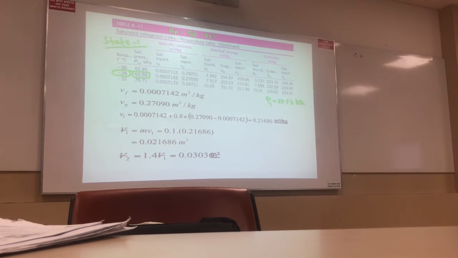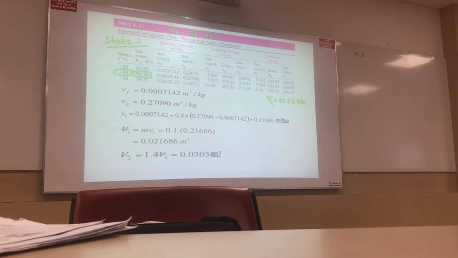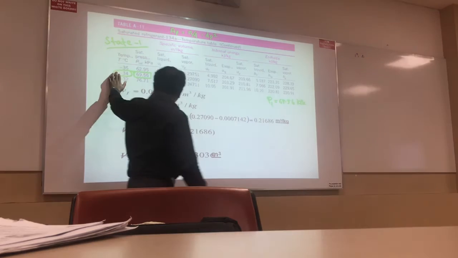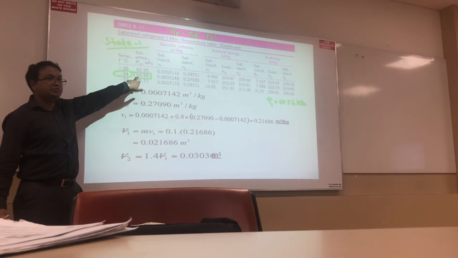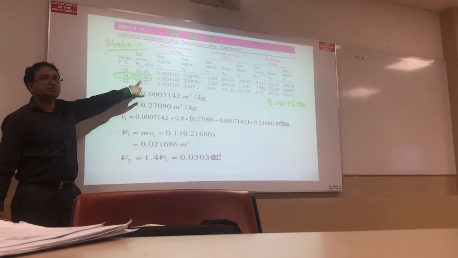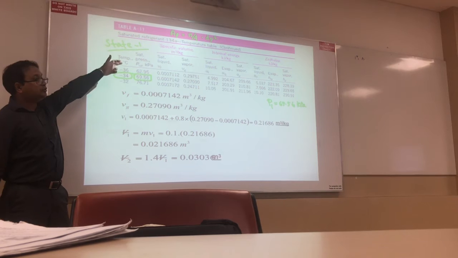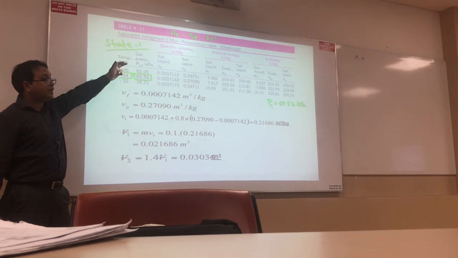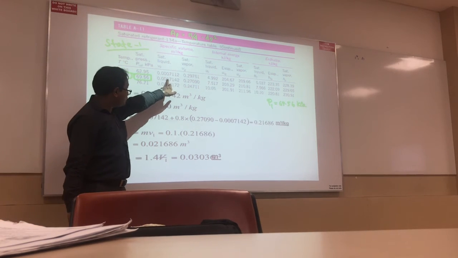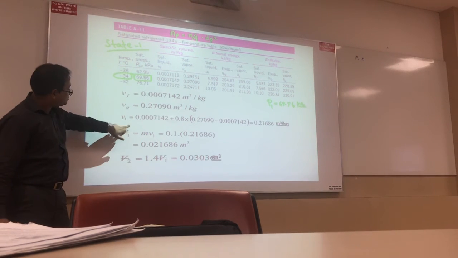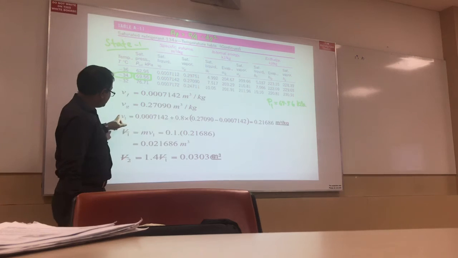This is the initial pressure, because the temperature is given at minus 34 degrees Celsius, so the initial pressure is the saturation pressure with respect to this temperature. Alright. So now I know the quality, 80%, right? So Vf is this one, Vg is this one. The quality is given. Then I can find V1.